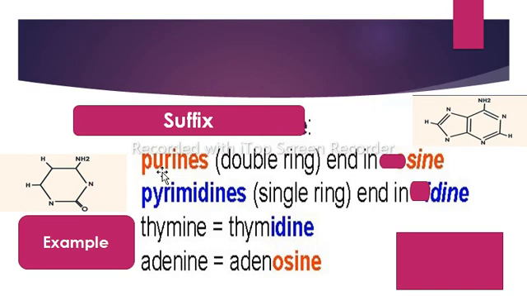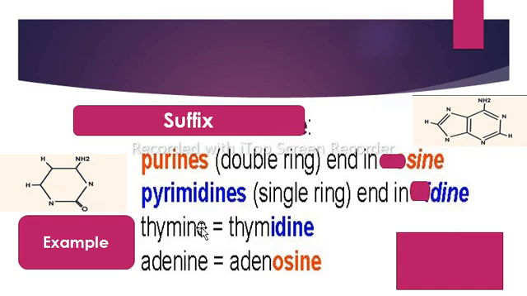Now the suffixes used for purines and pyrimidines. As we know, purines have a double ring structure. They will have the suffix sine, and pyrimidines have a single ring structure and they will have the suffix dine.